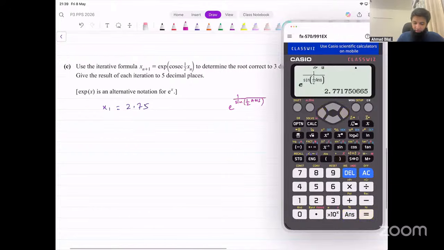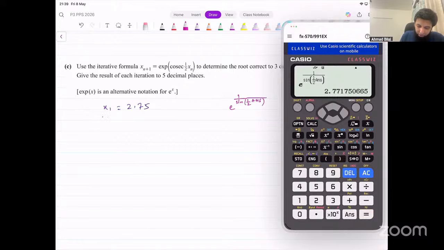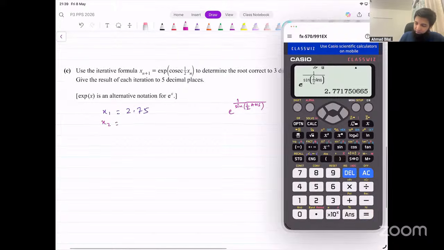All right, so x2 is turning out to be 2.77175. We need 5 decimal places for each iteration. x3.